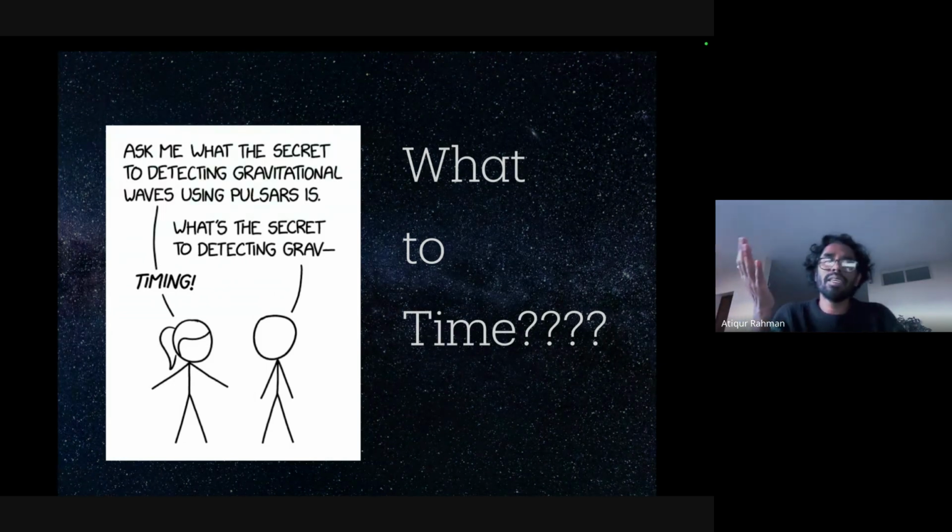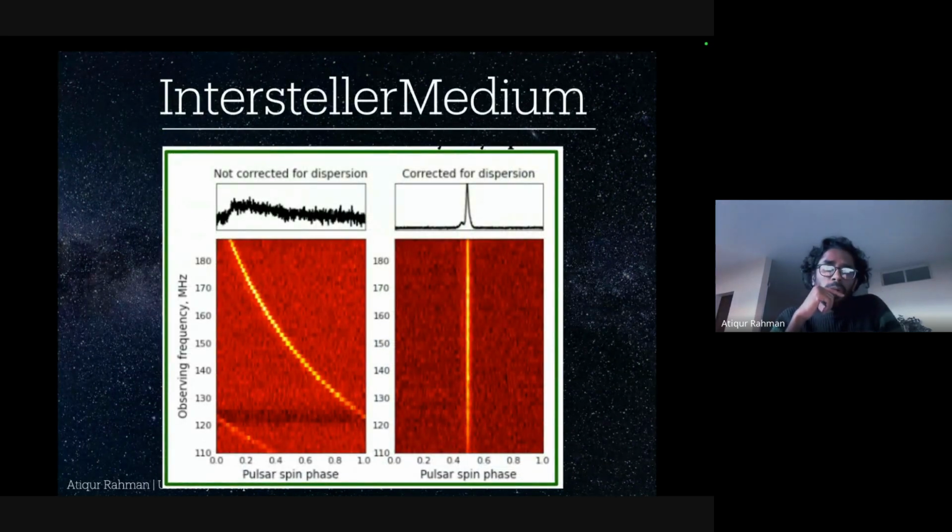But as the volume is so high, we encounter too many electrons along our line of sight. So when the radio waves interact with these particles, depending on the frequency of the radio wave, it comes to Earth at a different time. So we need to correct for that.